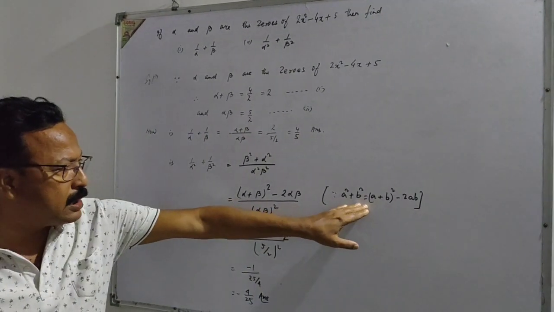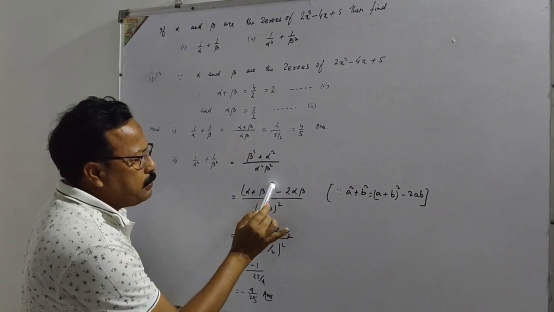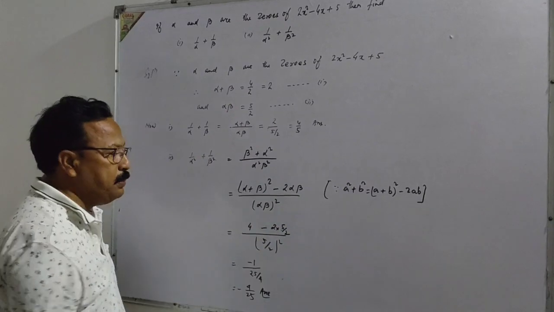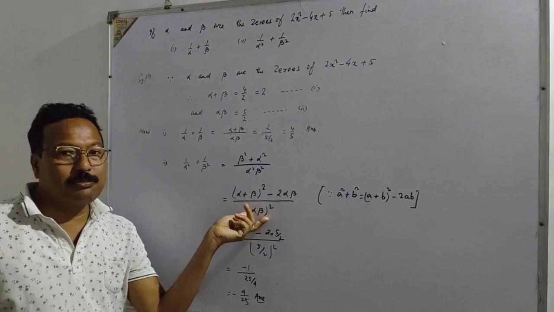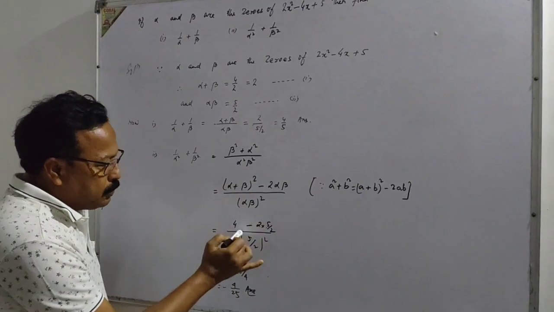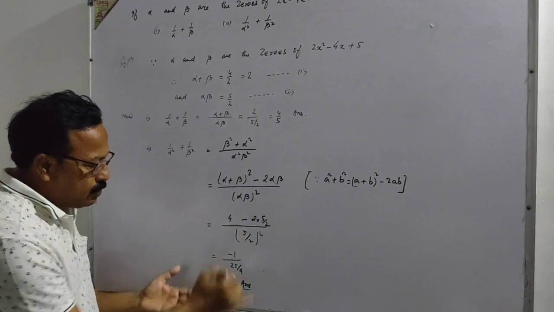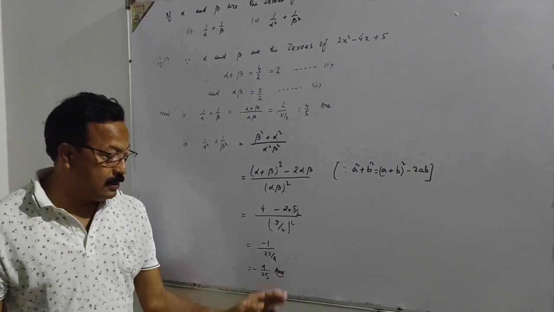On using this identity, you will get beta square plus alpha square equals alpha plus beta whole square minus twice of alpha beta, divided by alpha beta whole square. The values have been put here, and after solving you will get 4 by minus 25 as the answer.